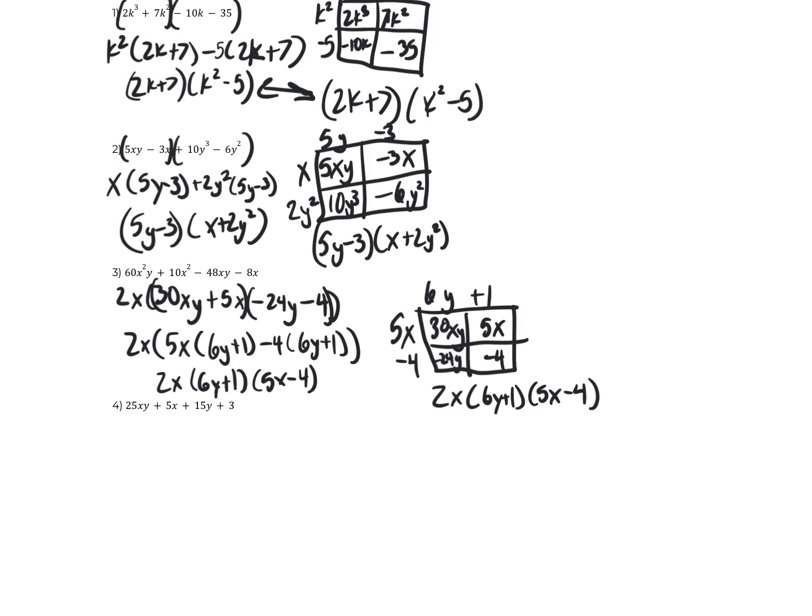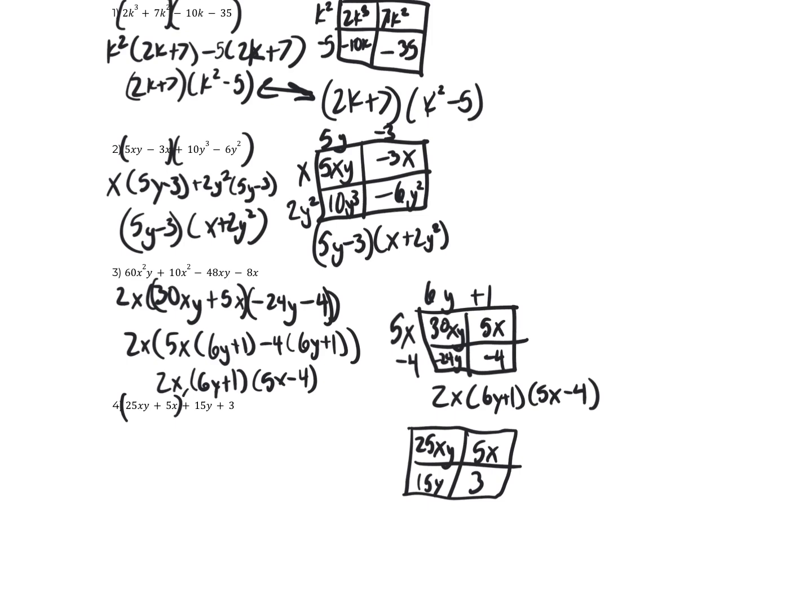All right, last one here. Looking first for a GCF. Unfortunately, that last one is a 3, so it's not divisible by 5. Otherwise, I'd have a GCF. So I can go ahead and build my box. In upper left, I'm going to do 25xy. Then I got a 5x. Then I got a 15y, and then a 3.